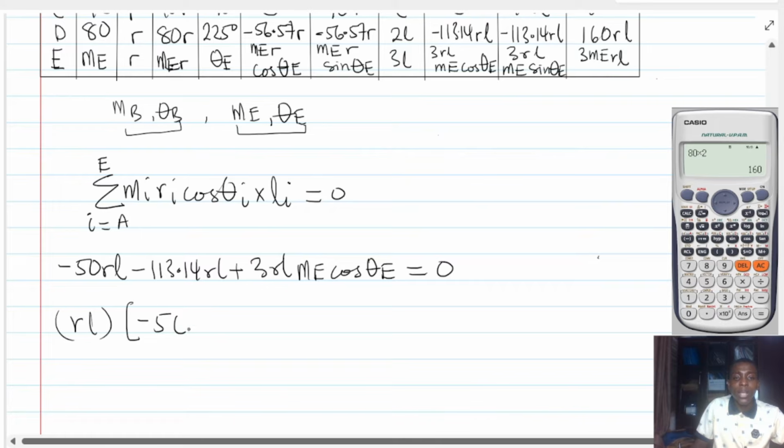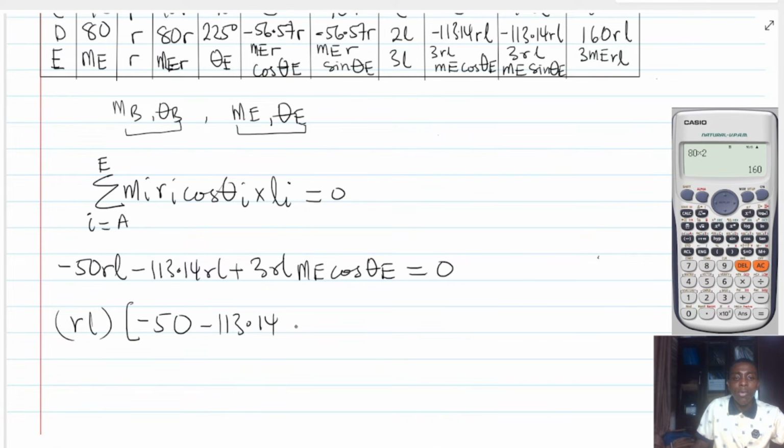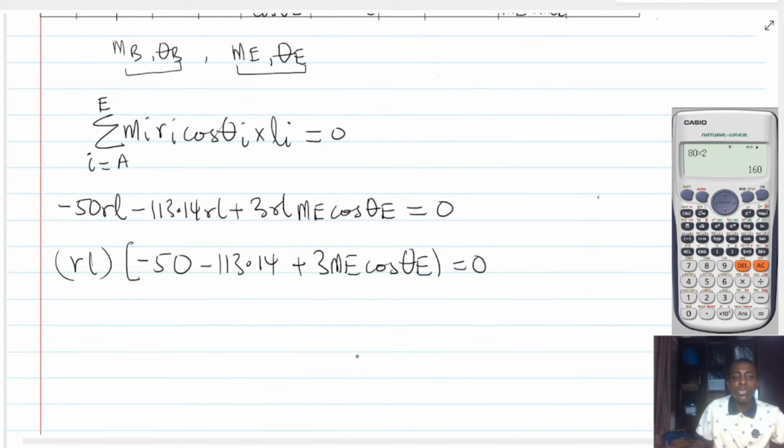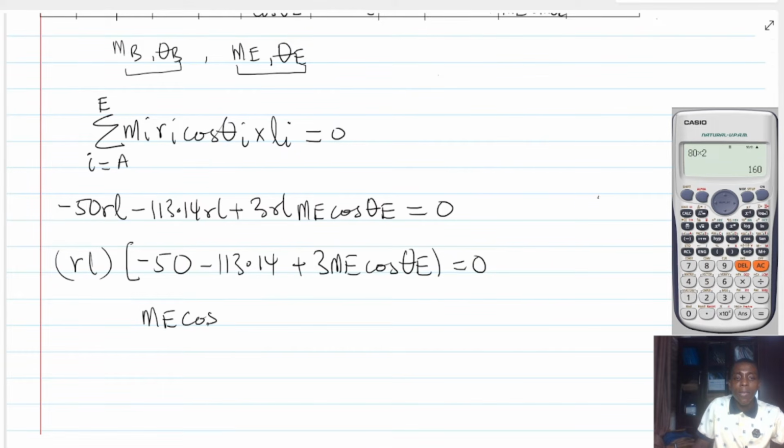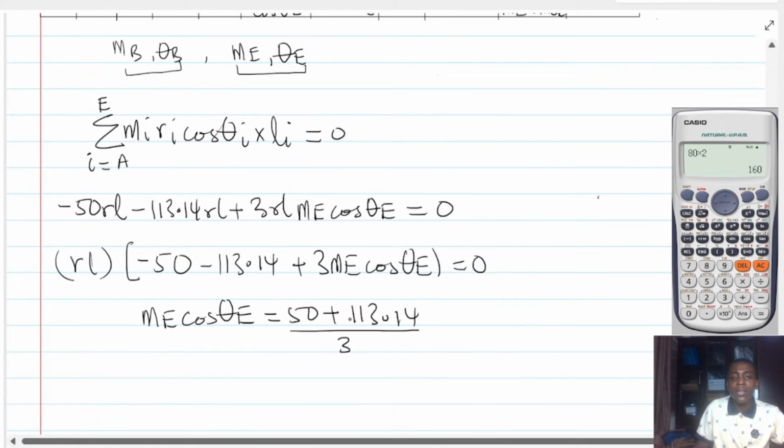So I can say that minus 50 minus 113.14 plus 3 ME cosine theta E must be 0. Dividing through by RL, then I can write that ME cosine theta E must be 50 plus 113.14 divided by 3.